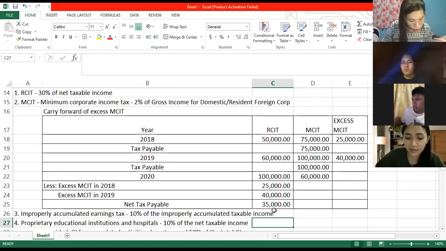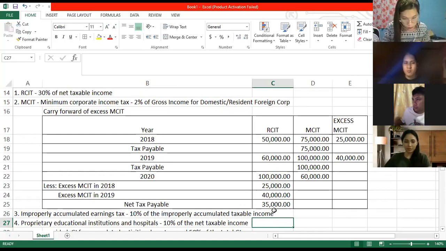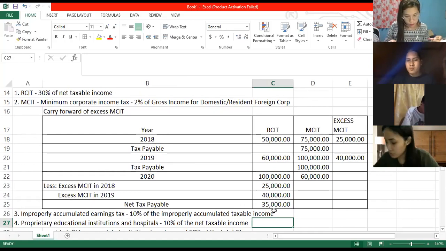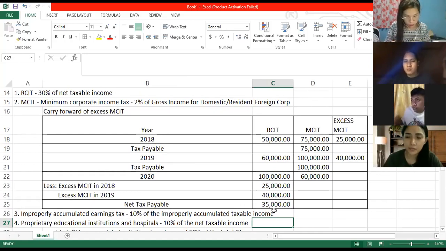Now, relief from the minimum corporate income tax under certain conditions. So, may mga times na you can ask the Secretary of Finance para hindi ka magbayad ng MCIT. Relief, para ma-free ka from payment of MCIT.